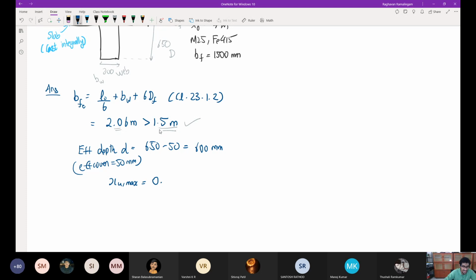So XU max is 0.48 D, D is 600. So 0.48 D is how much? 288.